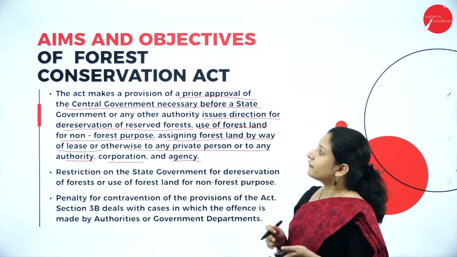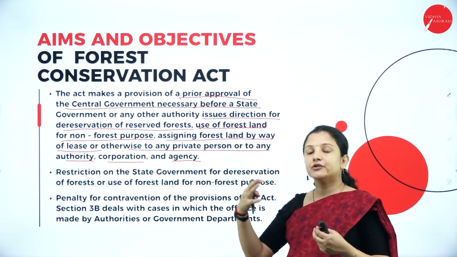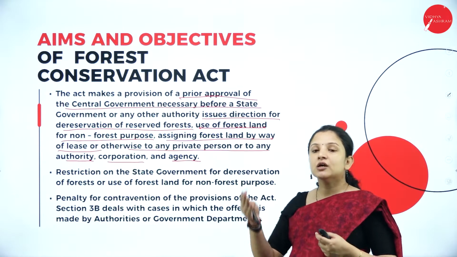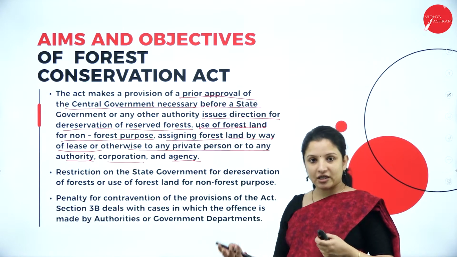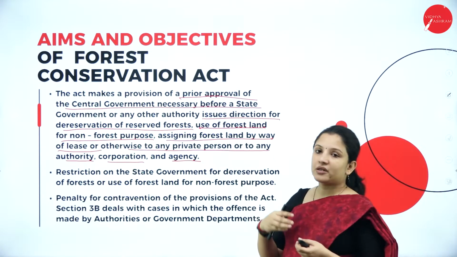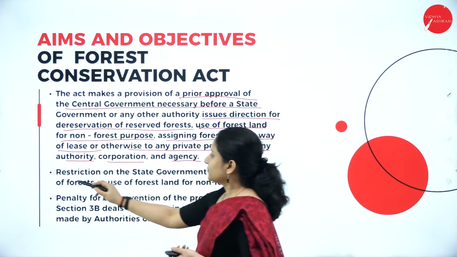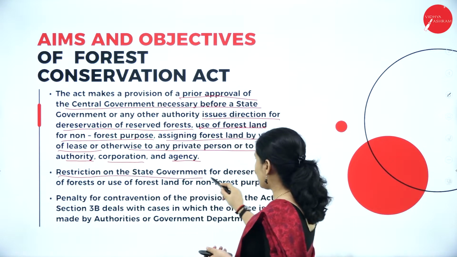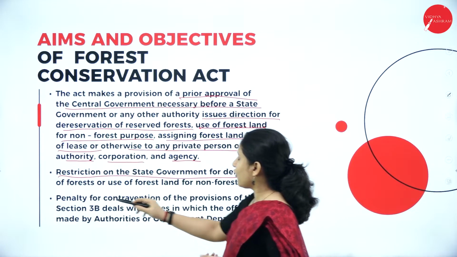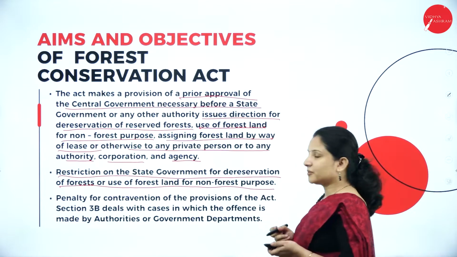That is the main aim of the Forest Conservation Act, wherein for the use of forest products, for the use of non-forest products, for the use of forest land for recreational purposes and all that, direct permission should be taken from the central government itself. And it puts a restriction on the state government for de-reservation of forest or use of forest land for non-forest purposes.